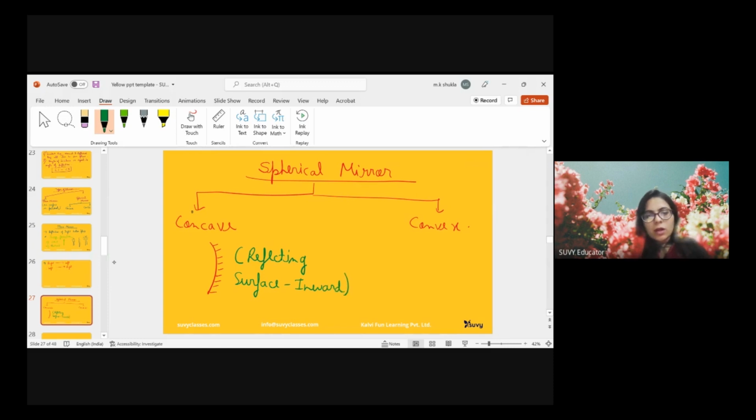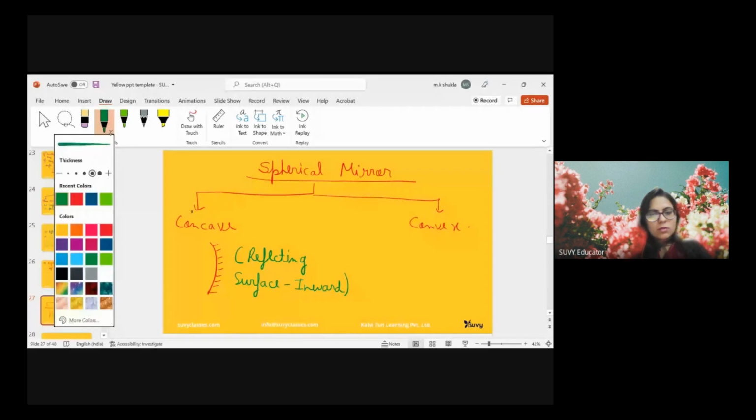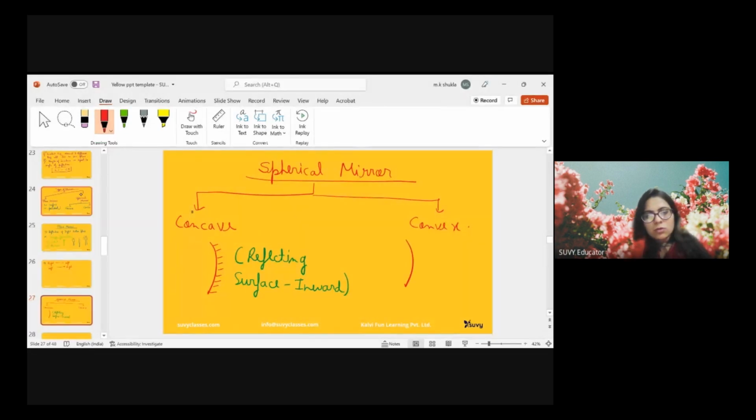And this is your convex mirror. This is the reflecting surface, and the reflecting surface is outward.